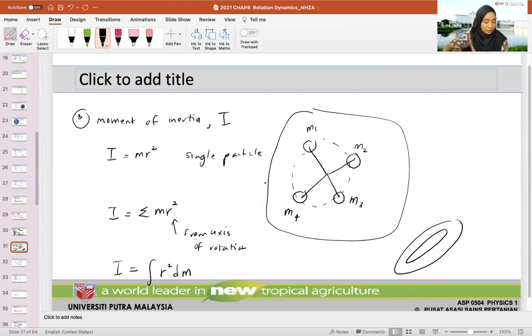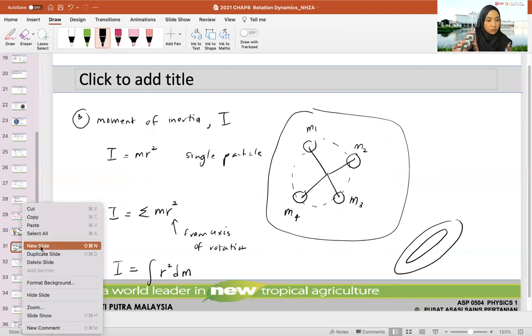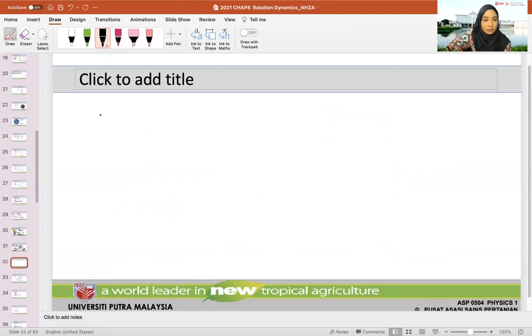And then number 3 was our moment of inertia. And from this equation, we also discovered a new equation. So torque is equal to I alpha, right? I is equal to mr squared. This was our basic equation. And torque was rF.